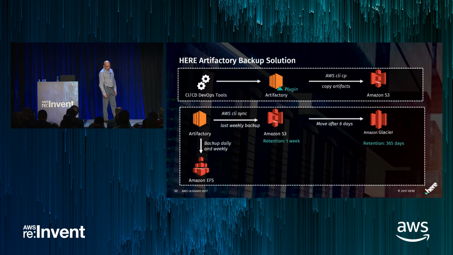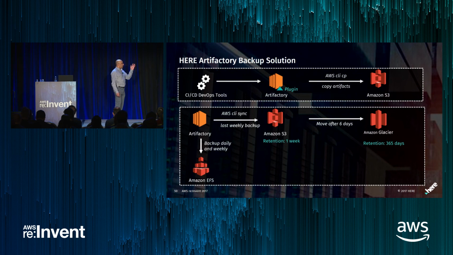The Artifactory application can also be backed up, and we back it up to the Elastic File System. We back it up once daily and weekly, and we copy the previous weekly backup to S3, and then move it to Glacier for long-term retention.